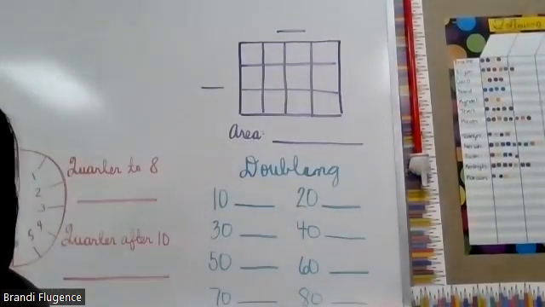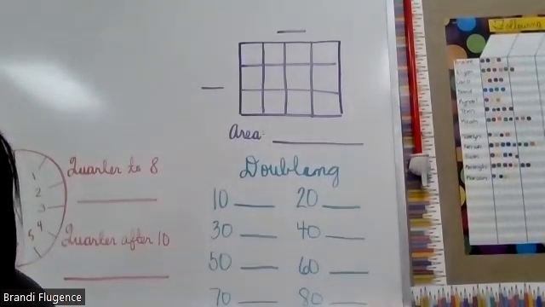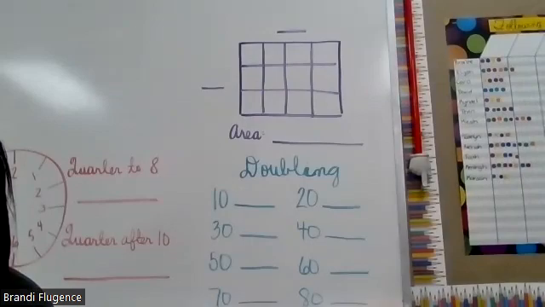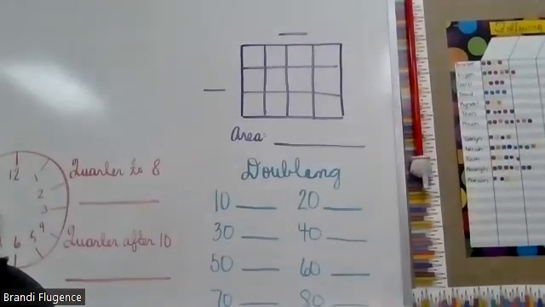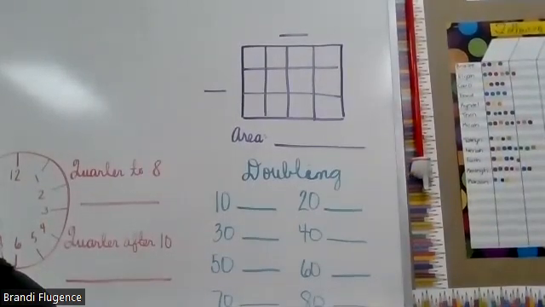No, count again. 35. 35. 4 times 9 equals 36. 5 times 8 equals 40. In a second. 5 times 8 is 40.